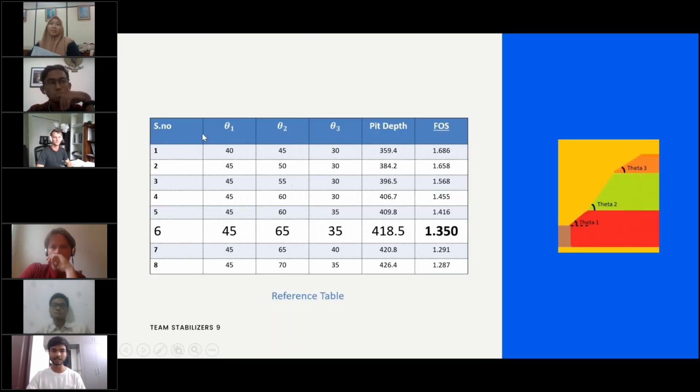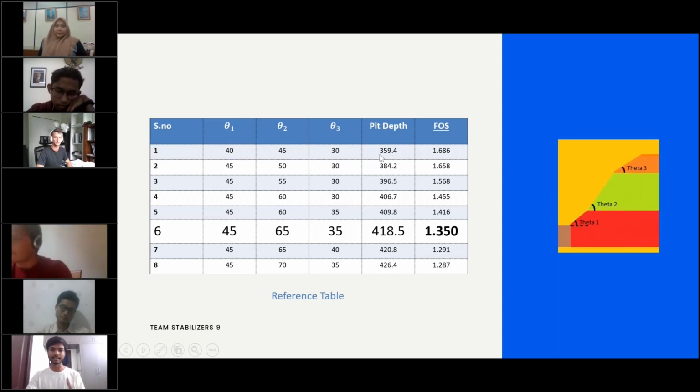This was the table that we found, starting with the friction angles that were given and the pit depth according to the financial analysis calculation. We got the FOS this. After incrementing 5 degrees and 10 degrees every time, this was the table that we got, and we chose serial number 6 of the reference table to move forward. This theta1, theta2, and theta3 are correspondingly the angles of the slopes.